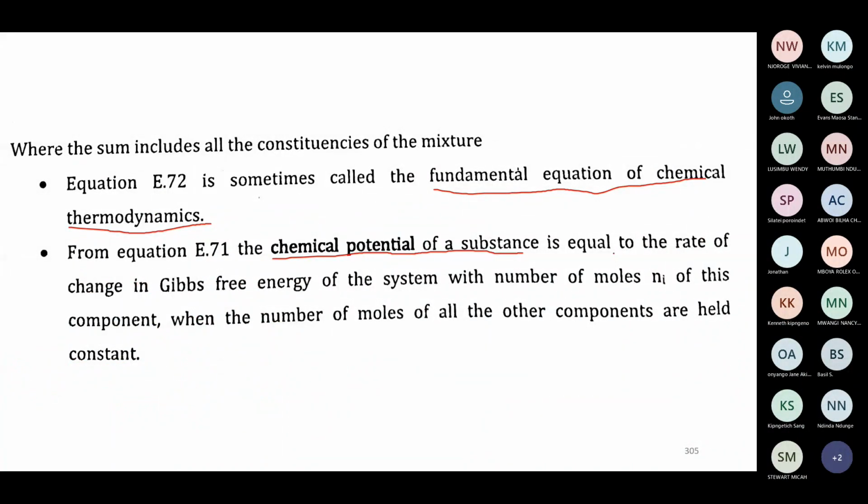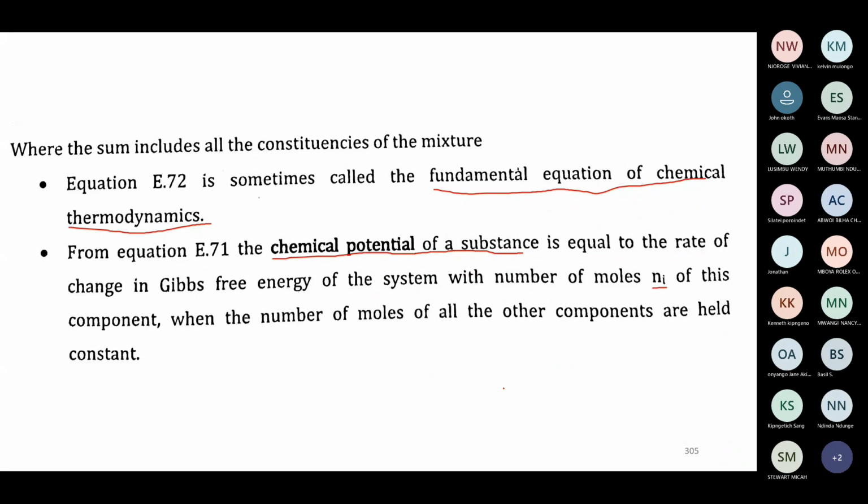So it is equal to the rate of change of the Gibbs free energy of the system with the number of moles Ni of this particular component, when the number of moles of all other components are held constant.